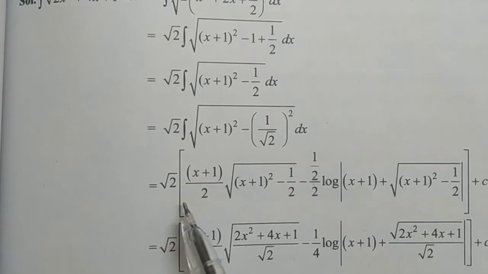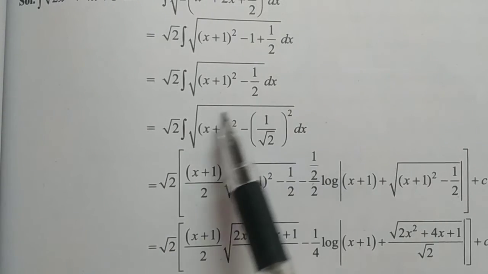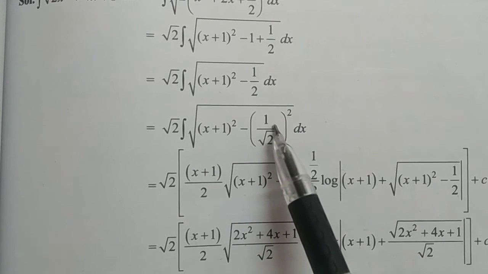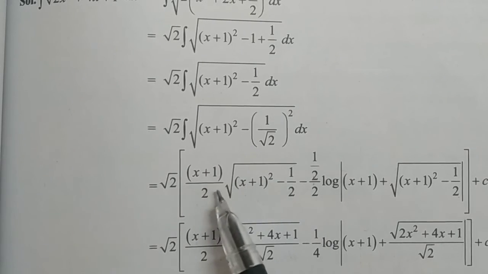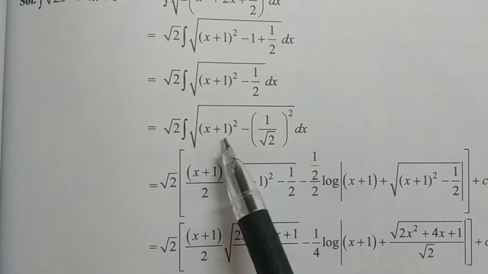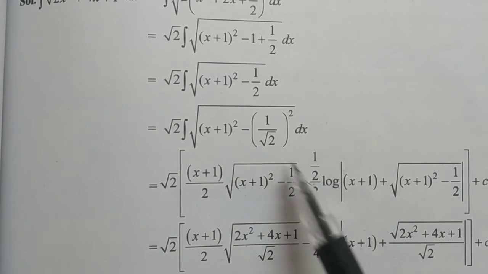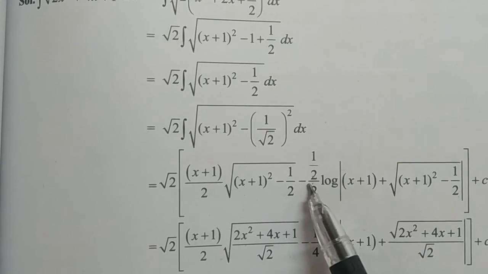So what is the value for this integral? X value is x plus 1. A value is 1 by root 2. X by 2: x value is x plus 1 by 2. Square root of x square: x square value is x plus 1 the whole square minus 1 by 2.